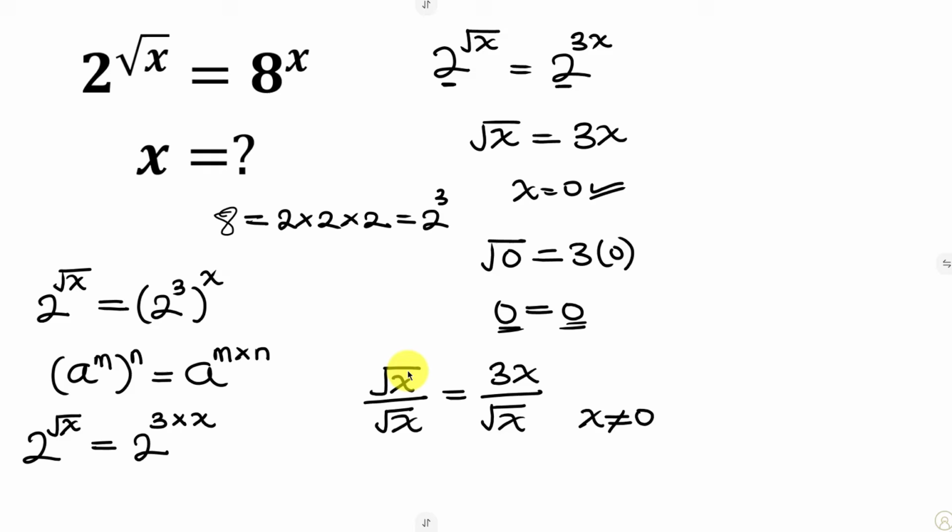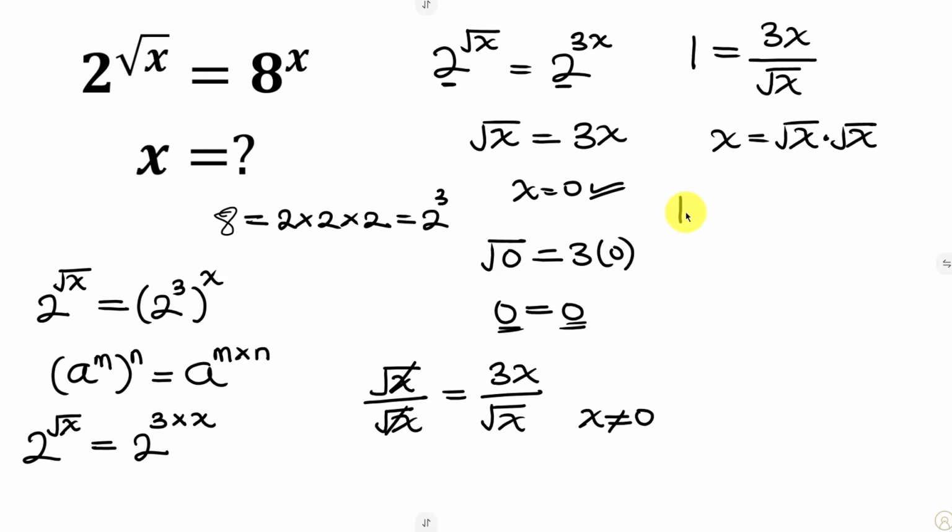Now divide. The square root of x divided by the square root of x is 1. This is equal to 3x divided by the square root of x. Now notice we have x here. x is the same as the square root of x times the square root of x. That means in place of this x, I'm going to be putting this.